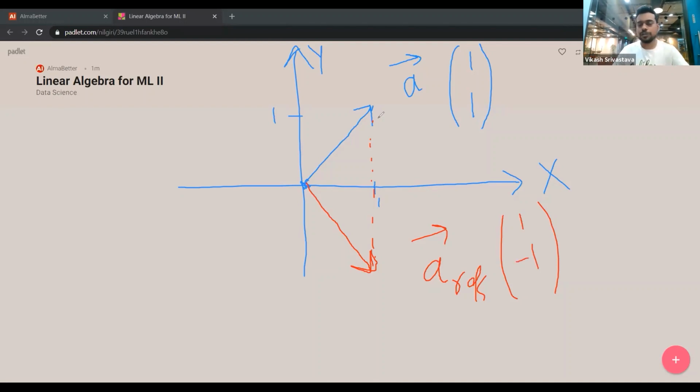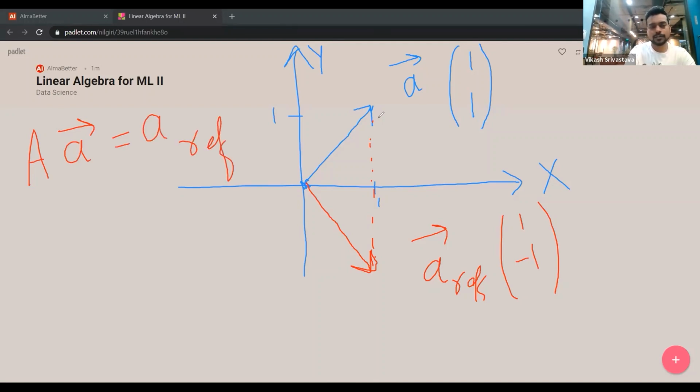Now let's say I set up this question for you. You need to find this matrix A such that if I multiply this matrix on vector a, I'll get the reflected vector. Of course A will be a 2 cross 2 matrix, so can you tell me what this particular matrix A will be?